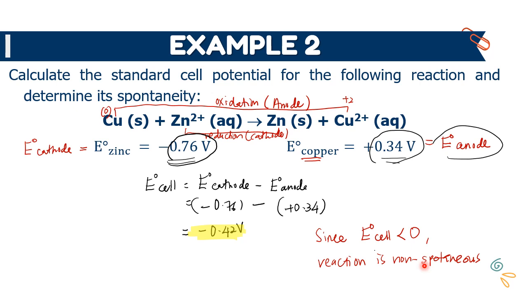Electron will not flow. How do we get electron to flow? By reversing the equation. Instead of oxidation for these two, copper 2 plus will produce copper solid. It will undergo reduction, and this one will undergo oxidation. Switch the anode and cathode. Then you will get a positive value.